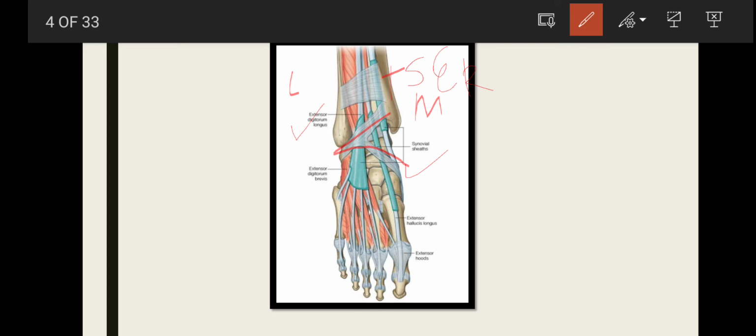The superior extensor retinaculum is attached medially to the tibia and laterally to the fibula. The inferior extensor retinaculum is a Y-shaped band of fascia present in front of the ankle joint region.